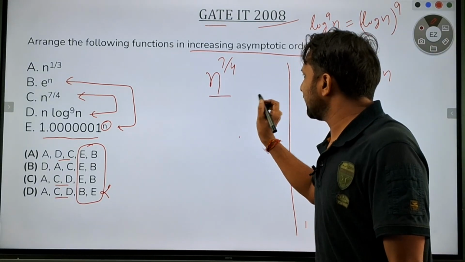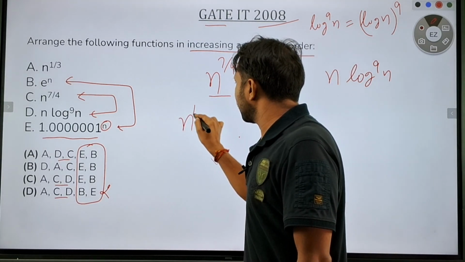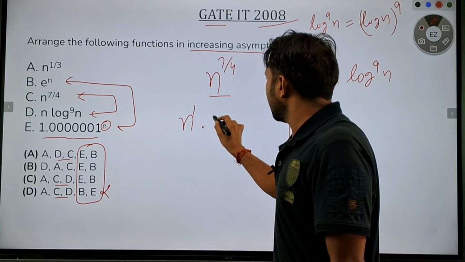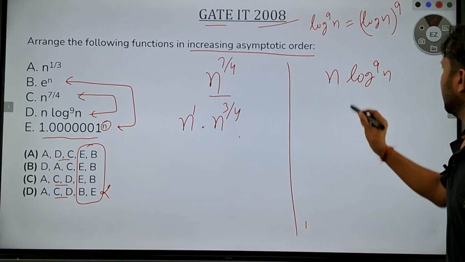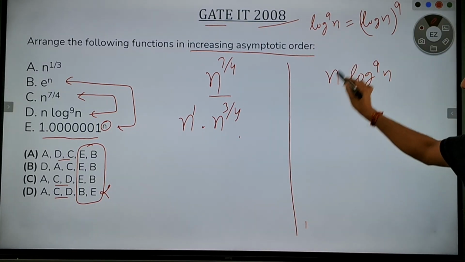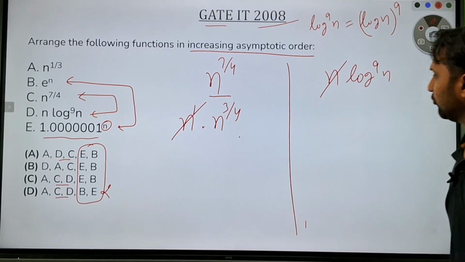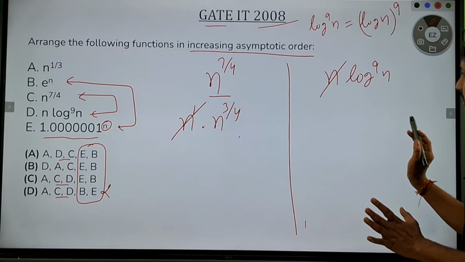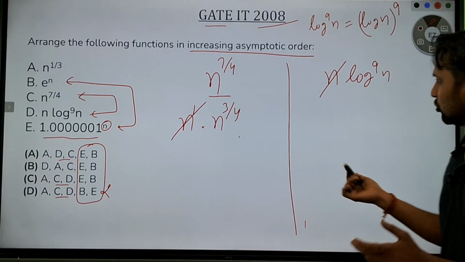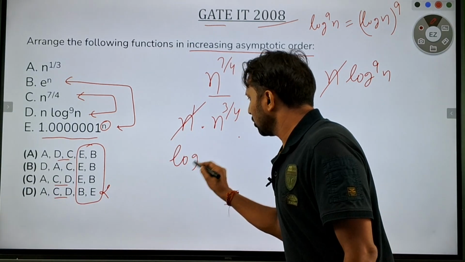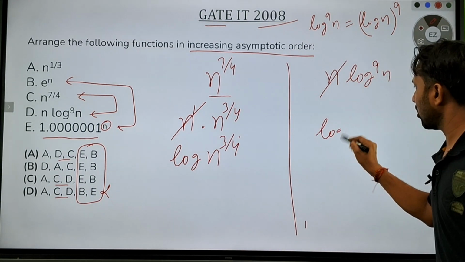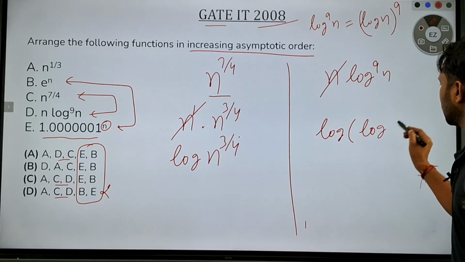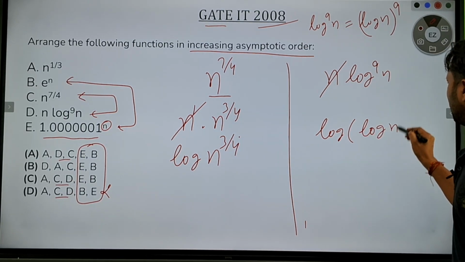So let me simplify it a little bit. This will be n power 1 into n power 3 by 4, and here is this term. n and n is common, we remove it. Now we don't have any common term, so let's take the log on both sides. Log n power 3 by 4, and here I'm taking log of n power 9.